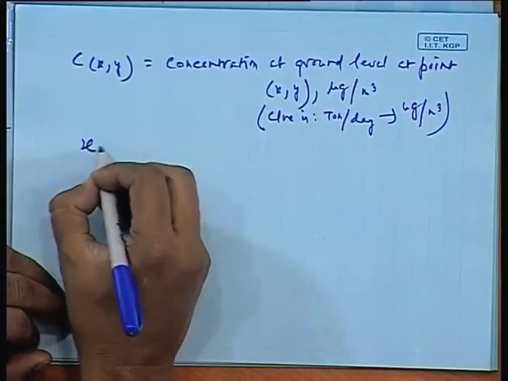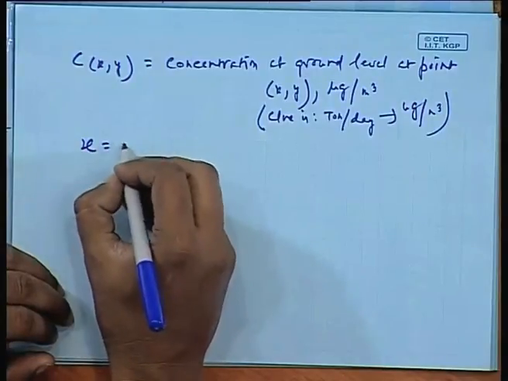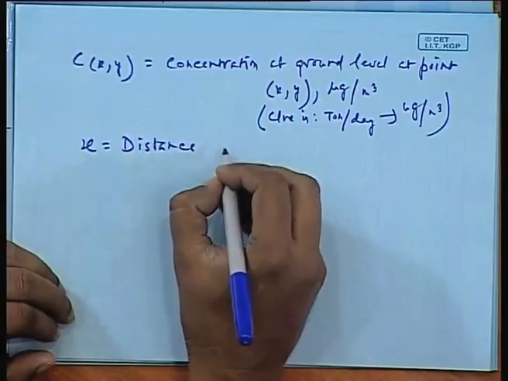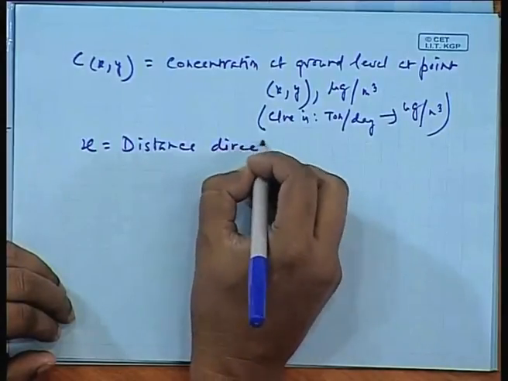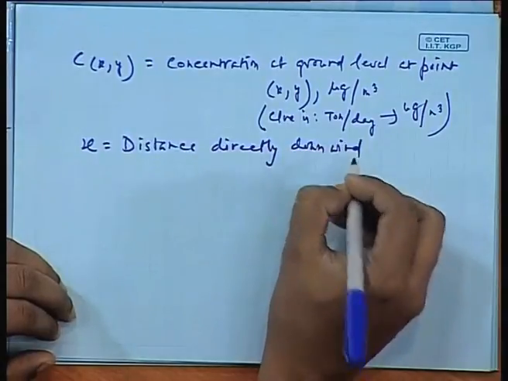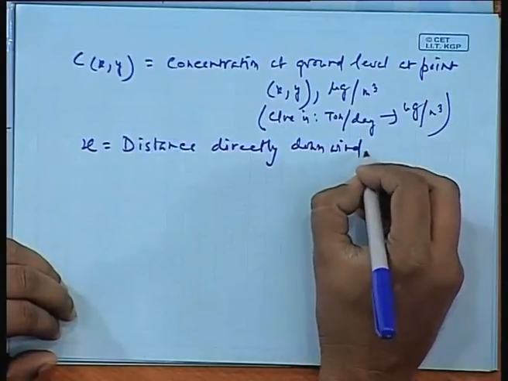X is equal to the distance directly downwind, in m.